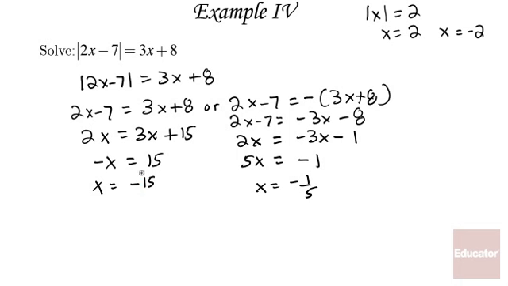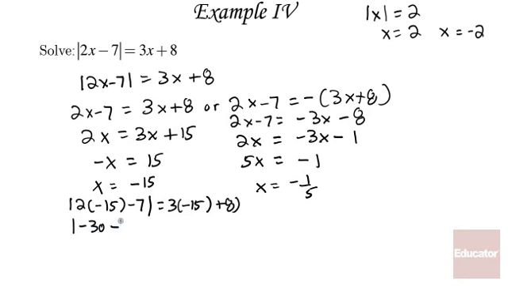Check. With absolute value equations, you always have to check your solutions. So checking this back in the original equation: the absolute value of 2 times negative 15 minus 7 equals 3 times negative 15 plus 8. So 2 times negative 15 is negative 30, minus 7, equals 3 times negative 15 is negative 45, plus 8.